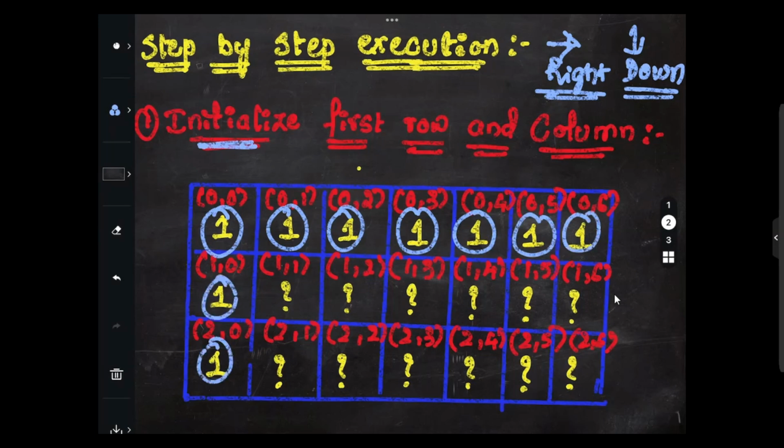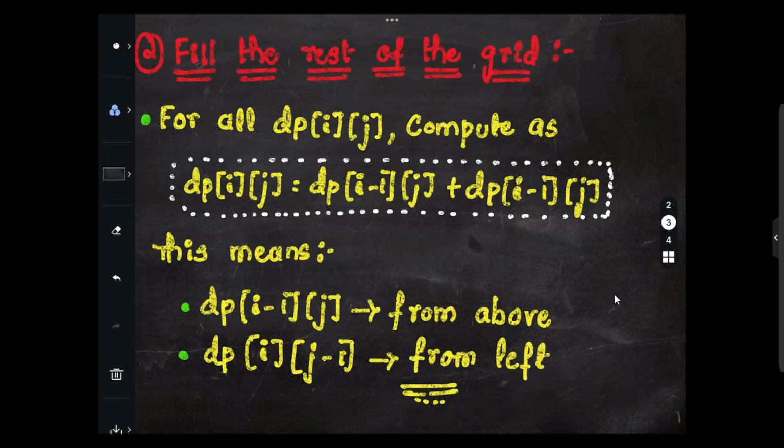This is the first step. Let's move on to the second step. We will fill the rest of the grid using this formula: for all dp[i][j], we compute dp[i][j] = dp[i-1][j] + dp[i][j-1].